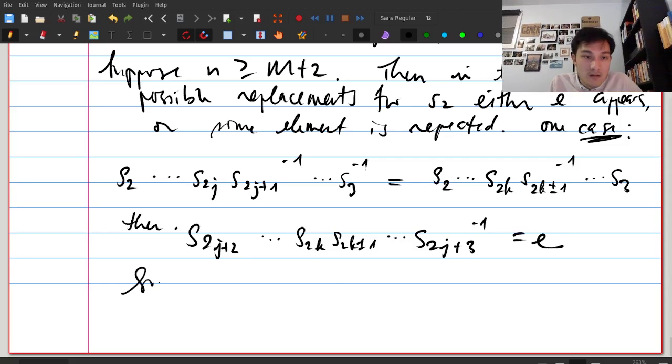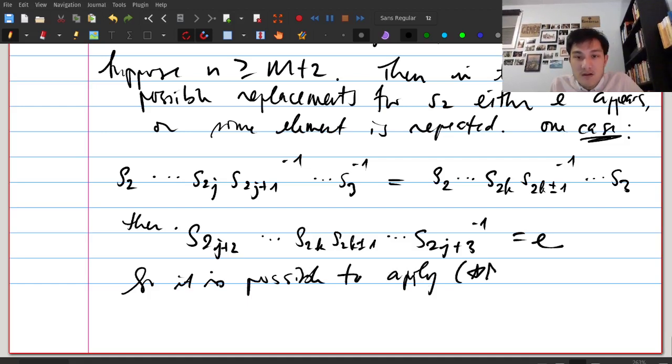So it is possible to apply double star to S2J plus 2 instead. Oh my god, what happened?